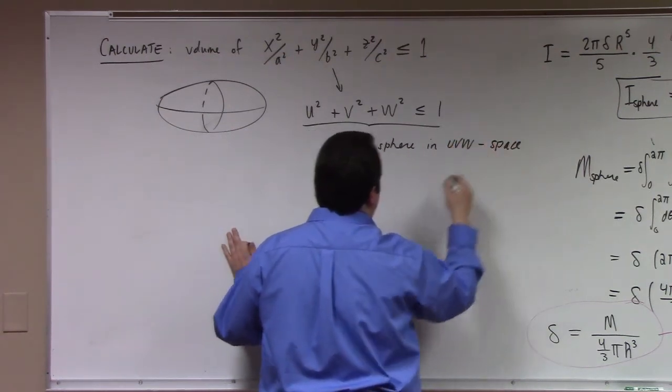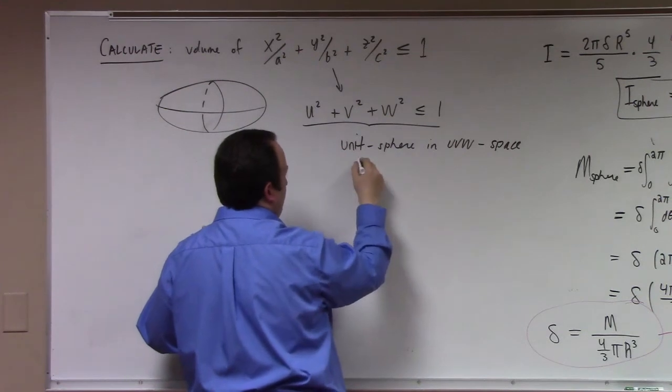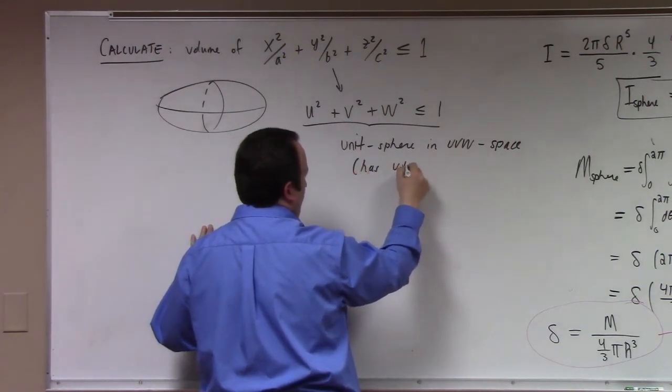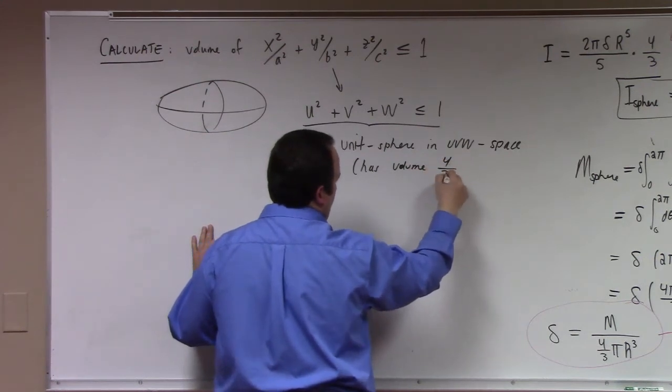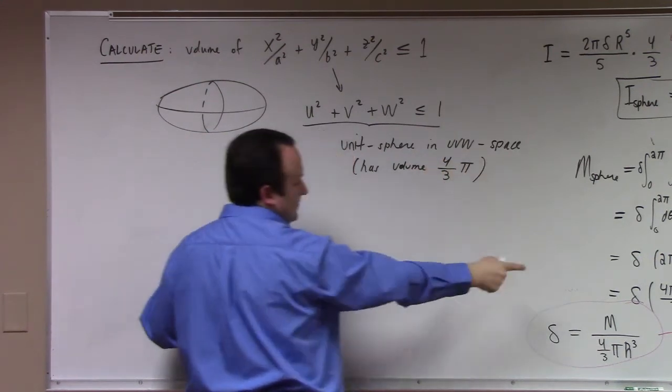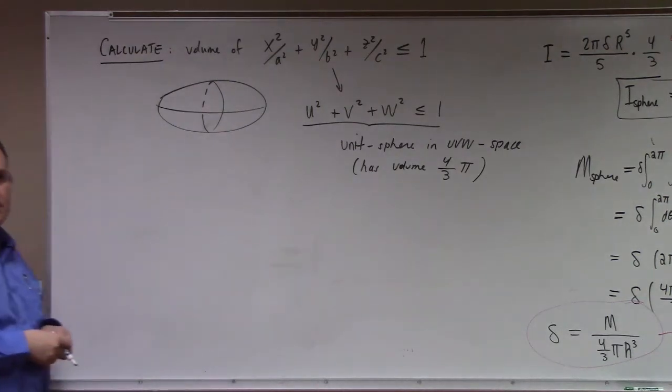What's the volume of the unit sphere in UVW space? It's 4/3 pi by the thing we just did. If the radius is 1, the unit sphere has volume 4 pi over 3.